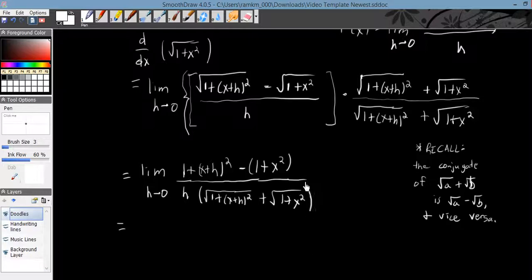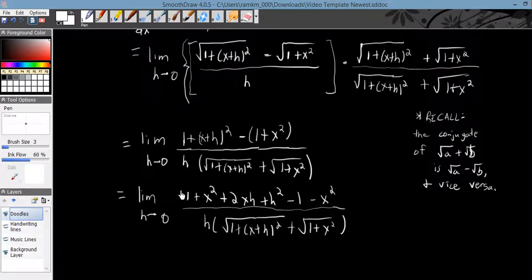Oops, I should have closed this parenthesis here. So I went ahead and expanded this expression here to x squared plus 2xh plus h squared. And what you'll notice is that you'll have a 1 and a minus 1 here, so these will cancel. And you have a plus x squared expression and a minus x squared expression, so those will also cancel.